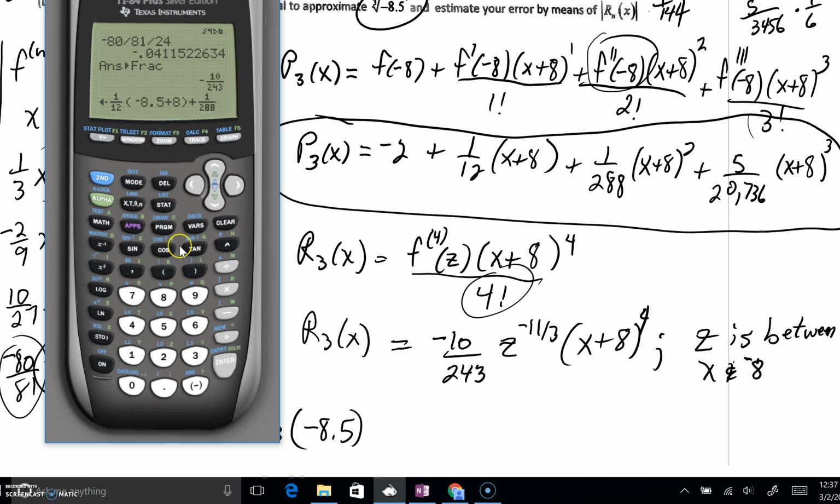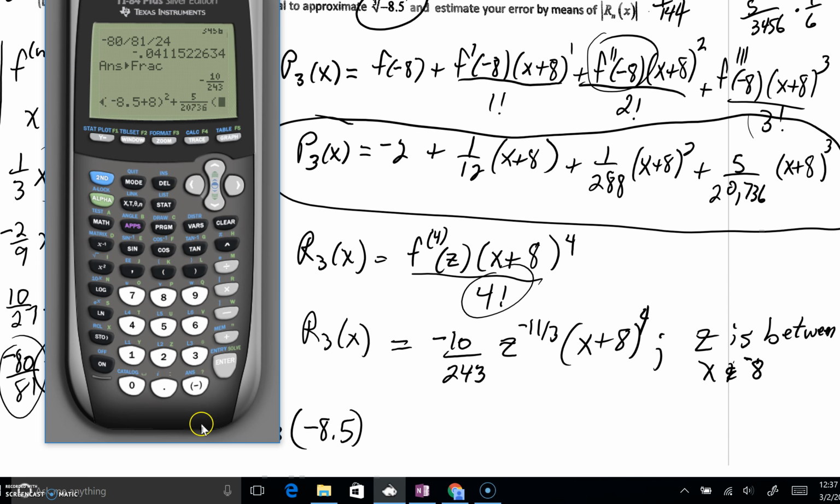But then what? We're going to have negative 8.5 plus 8, but this time we're bumping it up to the second power. And then we could say plus alpha y equals, this is where our fraction gets quite a bit uglier, 5 all over 20,736.